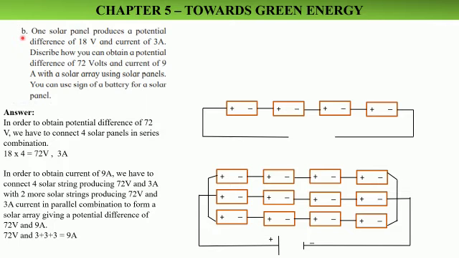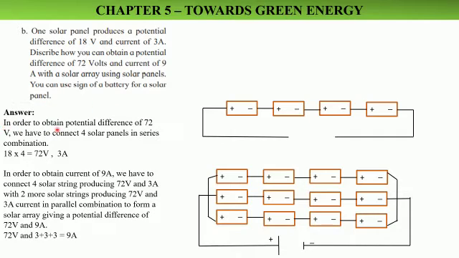Question number 14b. One solar panel produces a potential difference of 18 volts and current of 3 amperes. Describe how you can obtain a potential difference of 72 volts and current of 9 amperes with a solar array using solar panels. You can use the sign of a battery for a solar panel.